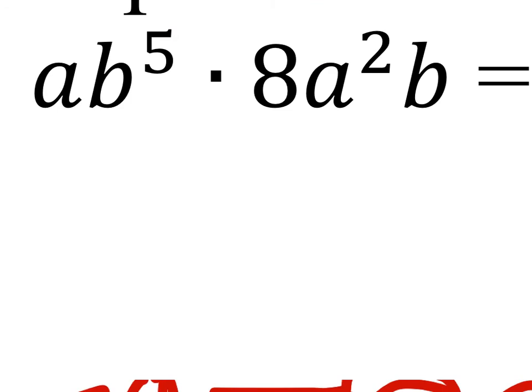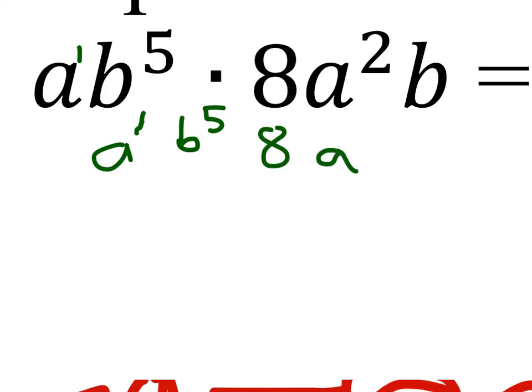Okay. So, what I did, I split it up, I guess. So I'd do A, and then because there's a phantom one basically right there, so it'd be A to the 1, and then B to the 5, and then 8, and then A squared, and then B, and then that's basically a phantom one.